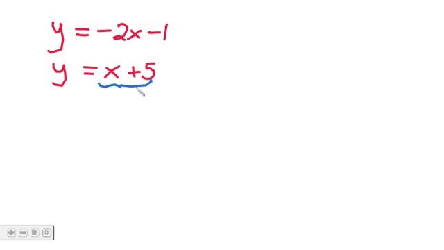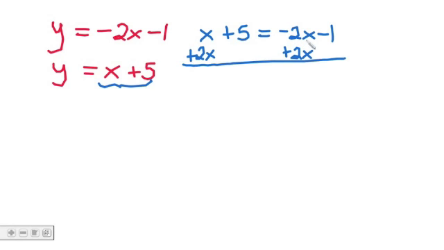So I'm going to put this whole quantity in for this y in this first problem. So I'm going to swap out that y with x plus 5 equals negative 2x minus 1. Combine your like terms. Since I'm moving across the equal sign, I need to use the opposite. Use the inverse operation here. So these cancel and I get negative 1 left on this side.